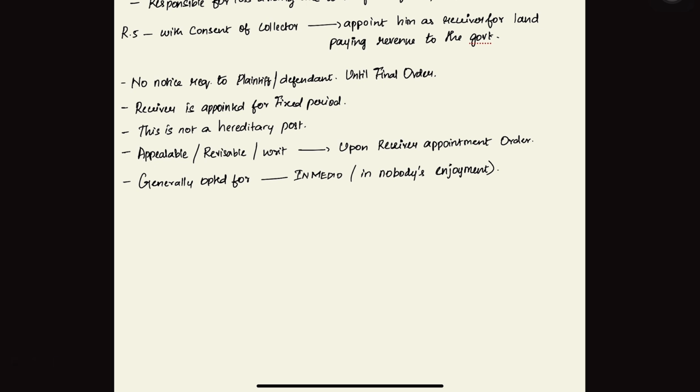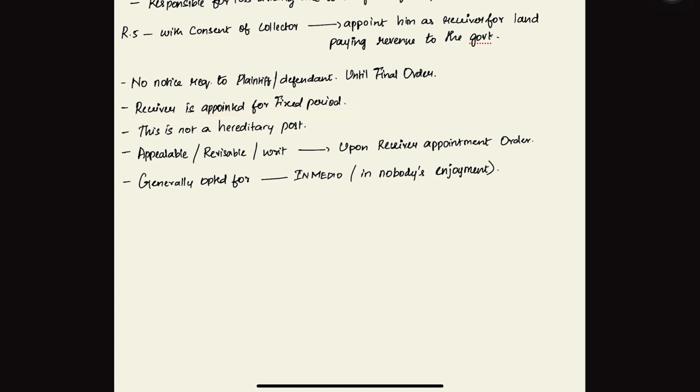While appointing a receiver, it is not required for the court to furnish any preliminary notice to any parties to the suit, because the court, after all, is not believing both the parties here, and is appointing the receiver without believing both the plaintiff as well as the defendant. So there is no need to provide any notice. But at the final order, both plaintiff and defendant will show up, and they will be heard.